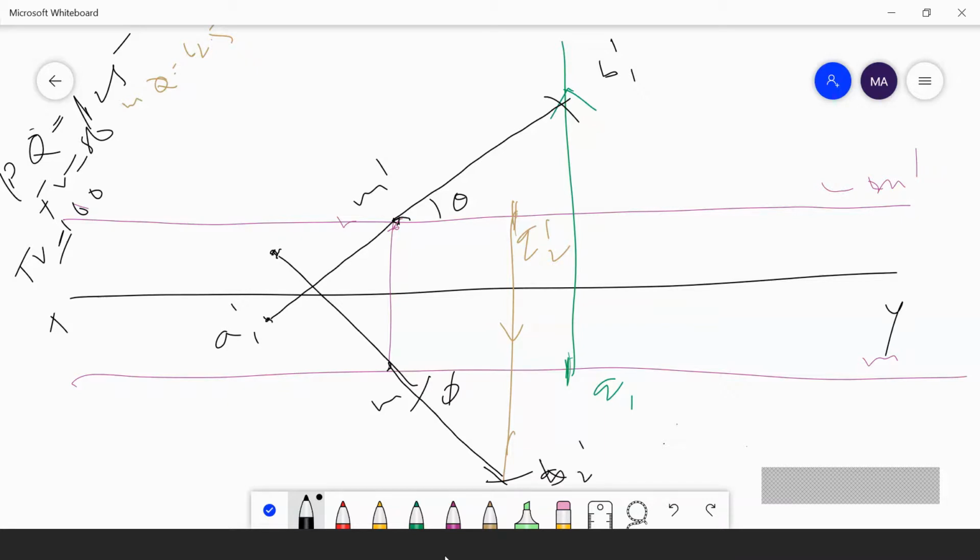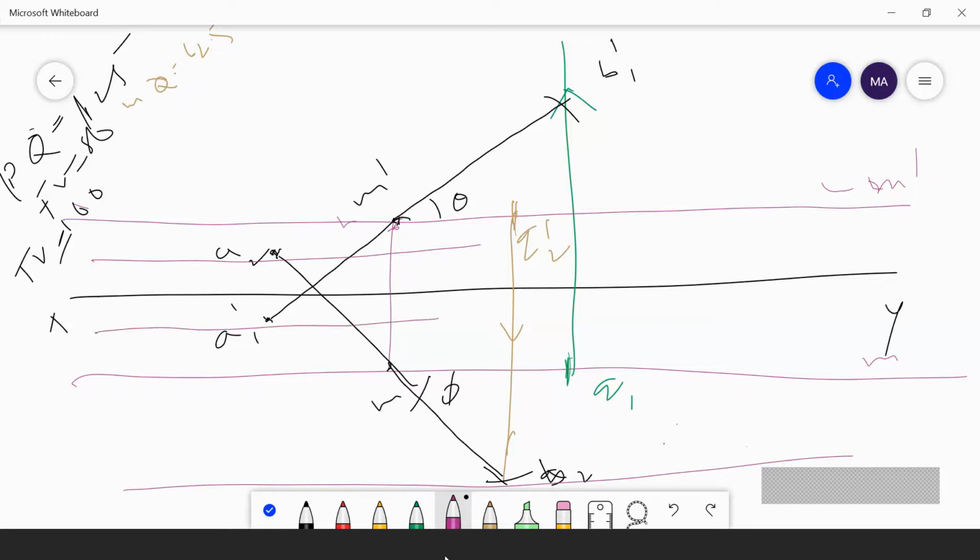This point as A2. Then I will draw the locus here. Here also I will draw the locus. Here also I will get the locus. Okay. Then I know the radius here.